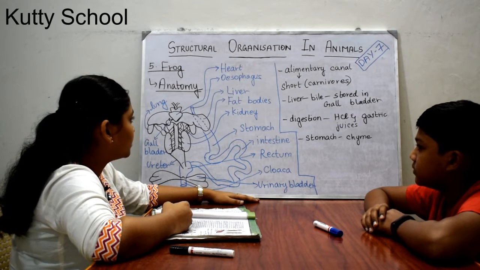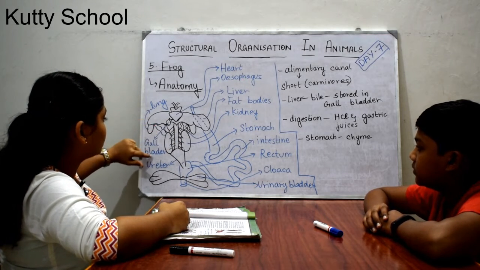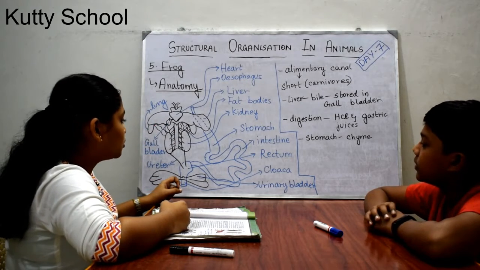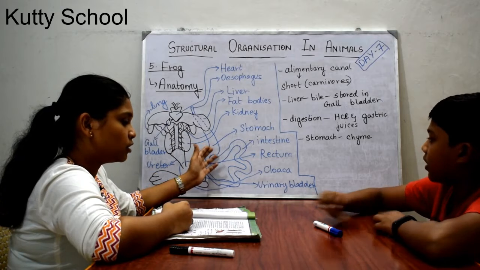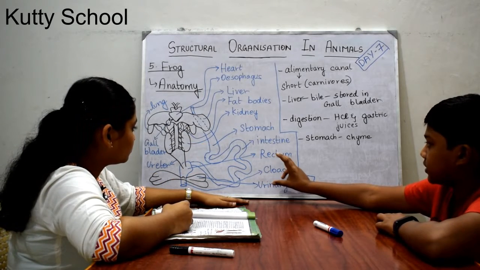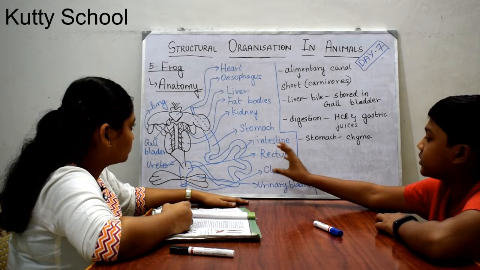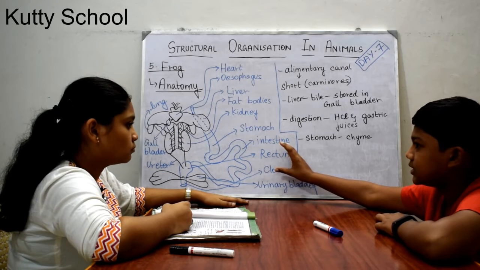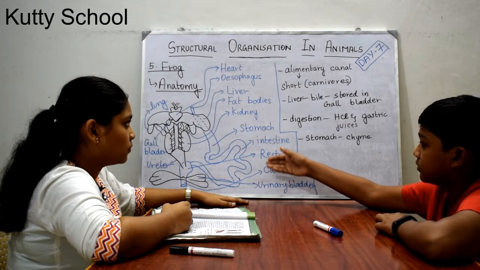The liver secretes bile and stores it in the gallbladder. For digestion, the walls of the stomach secrete HCl and gastric juices, because it does not require much digestive energy. We are omnivores.